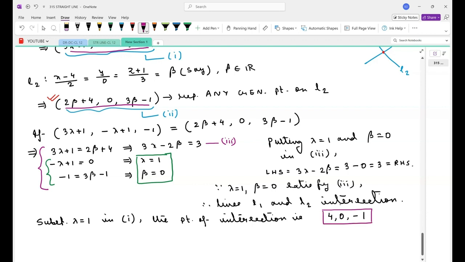Even if I put beta 0 in the second one, then also you see 4, 0, minus 1. So it doesn't matter whether you put the values of lambda or beta. It will give you the point of intersection anyway.